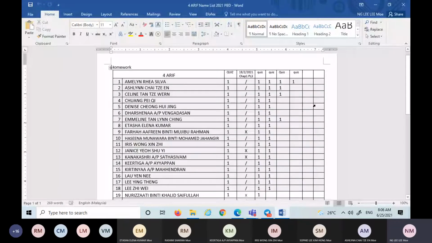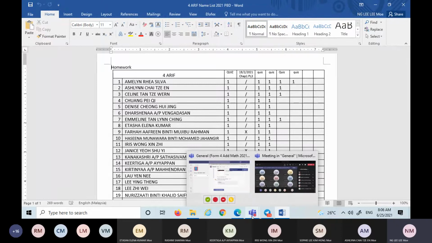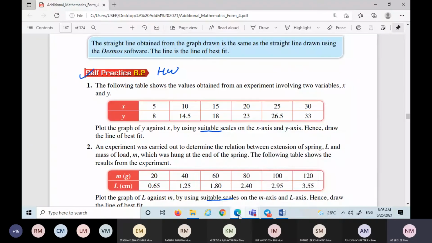Okay, we go to another row. Then Peichi, Denise, and Dashina. All get ready. We start with Peichi first.